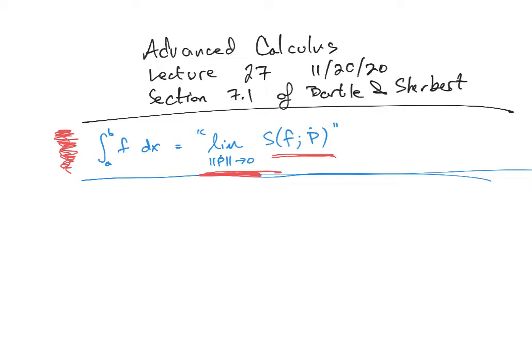Oh, and I should have pointed out last lecture, but I'll point it out today, that this symbol in the integral looks like an S for a reason. This S on the right-hand side literally is an S, and it stands for summation, or sum. And the integral on the left is supposed to remind you of a sum as well, and that's why it looks like an S.